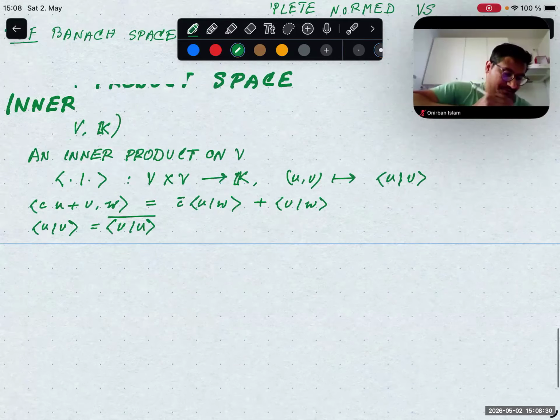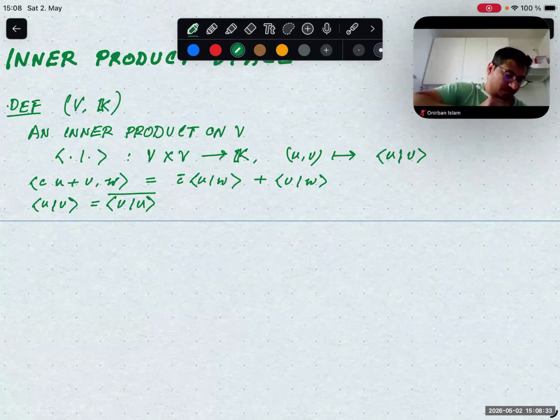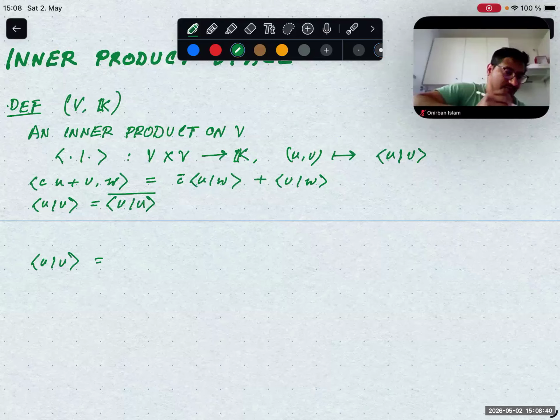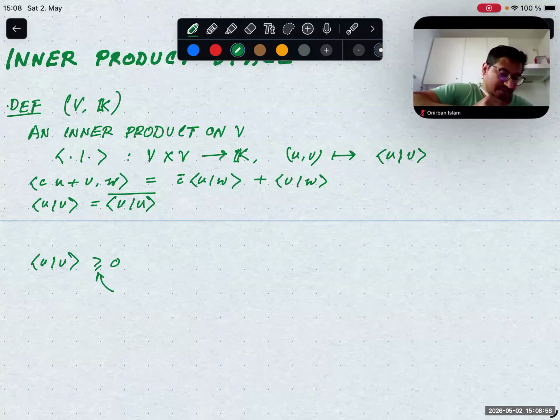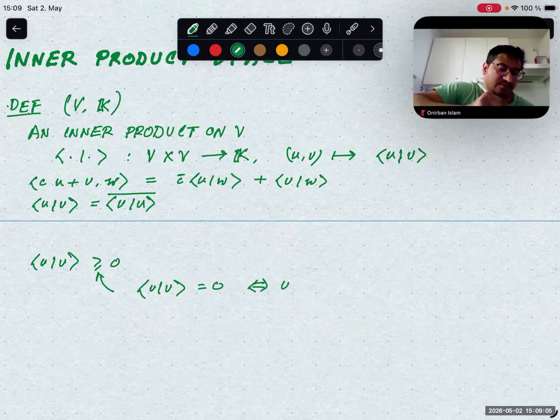And the last one is that <v, v> is positive for all nonzero v. So this is the positivity requirement. In particular, if we have equality, that means <v, v> equals 0, then v itself is 0.